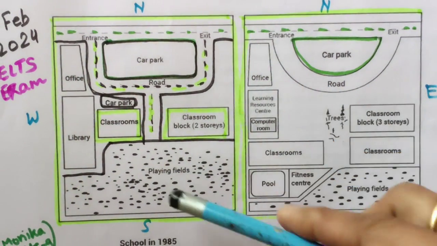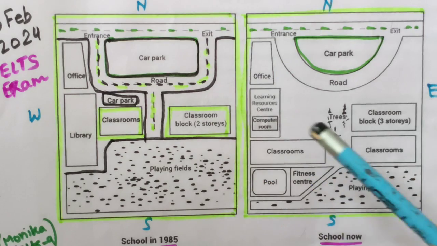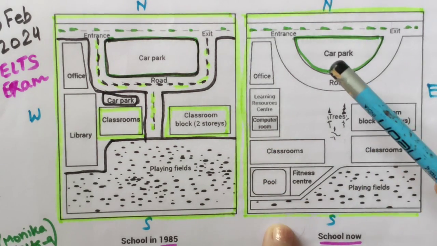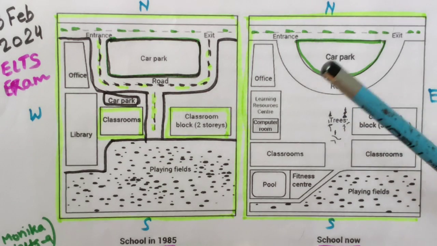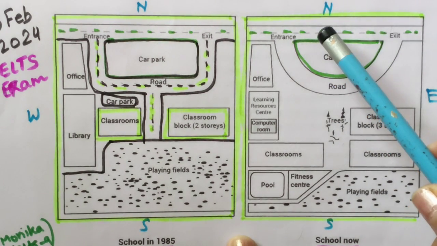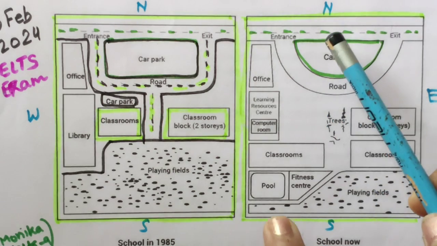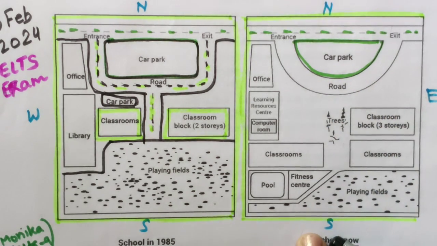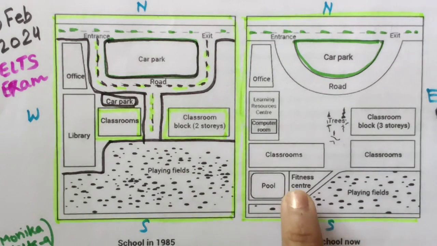Now we have noticed the changes, the things that were in the past and now. After getting the map kind of activity, whether in IELTS listening or in writing task 1, you always look at the direction. The above one is north and the opposite is south, this is west and this is east.